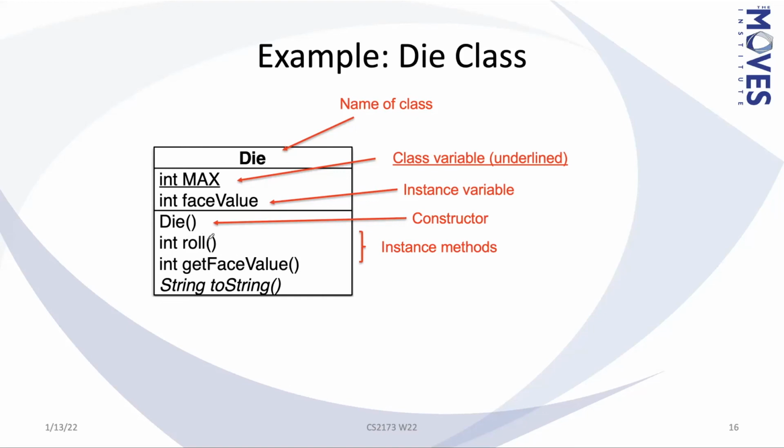Another is called roll, where we generate what that is. And finally, we'll circle back to this, but there's a special method called toString, which every class has. In this case, we want to override that, and in our UML diagram that is indicated by italics.